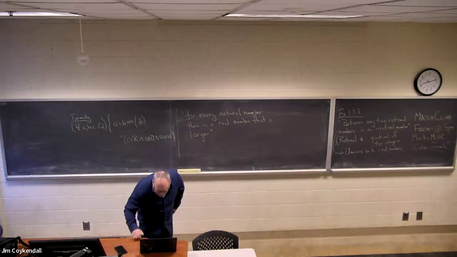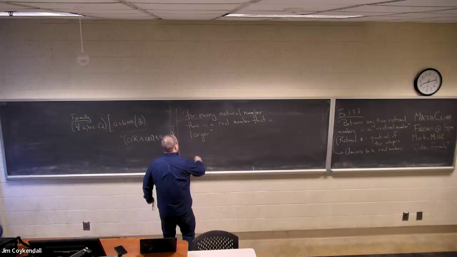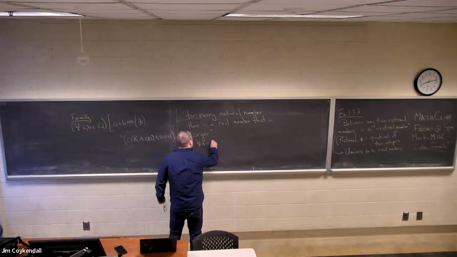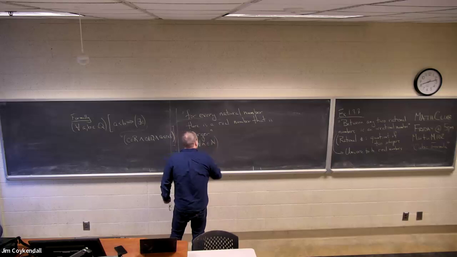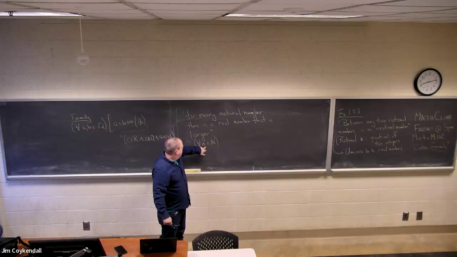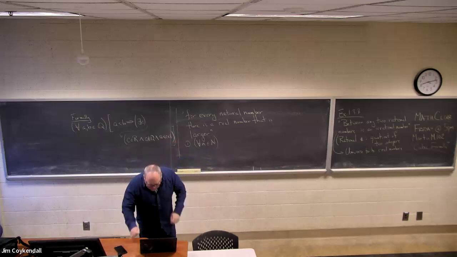Well, I'm going to do this actually a couple of ways. For all natural numbers, and this is the symbol for the natural numbers, which I will call for you just positive integers 1, 2, 3, 4, forever and ever.